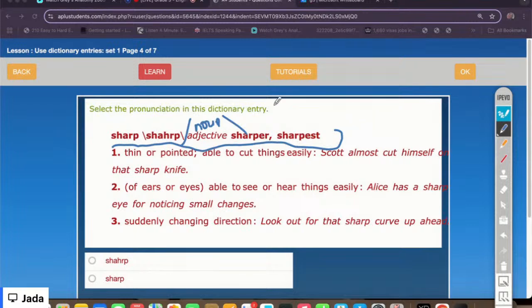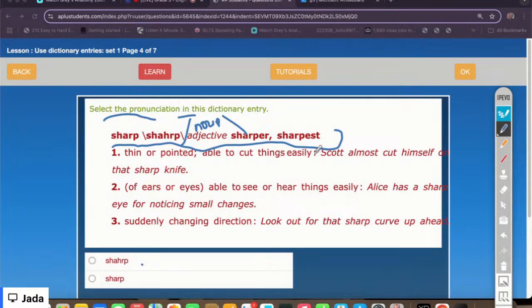Okay, up above here, we have the pronunciation, we have the definition, we have the part of speech, and the rest of them. Now, this particular question is asking you for the pronunciation. Okay, so what's the pronunciation? Is it the first or the second?